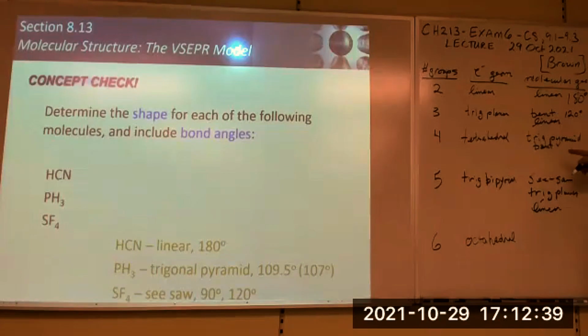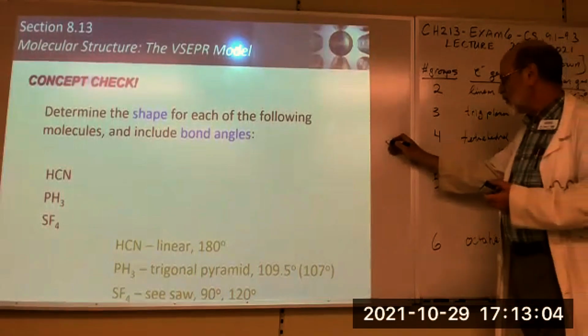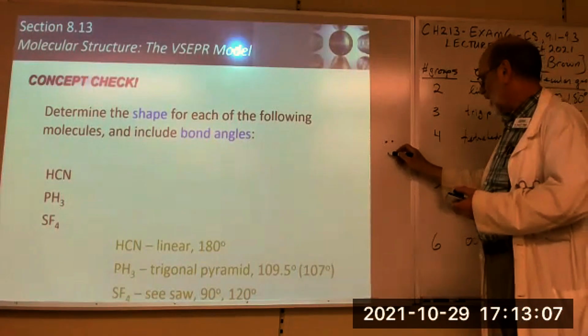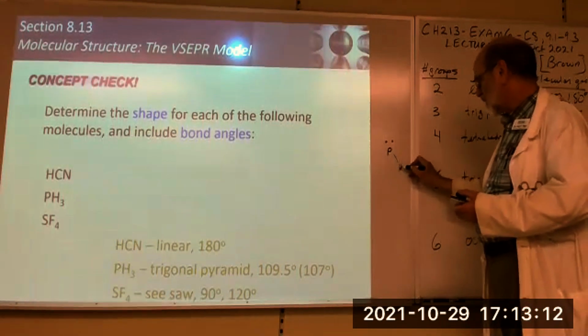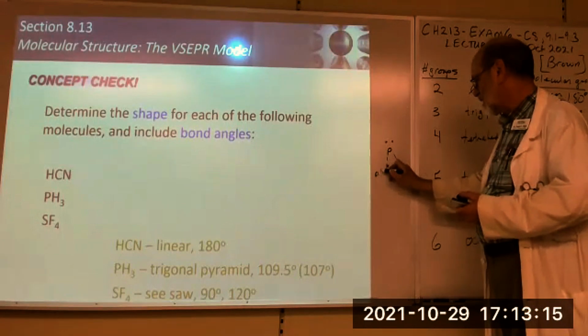Tetrahedron. The bond angles in a tetrahedron, if you've got 4 occupied positions in a tetrahedron, like carbon tetrafluoride, the bond angle is 109.5 degrees. You just have to memorize that. But if it's a trigonal pyramid, then you get this lone pair up here, and you have phosphorus, and then hydrogen here, hydrogen here, hydrogen here.